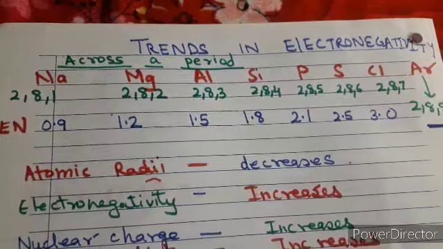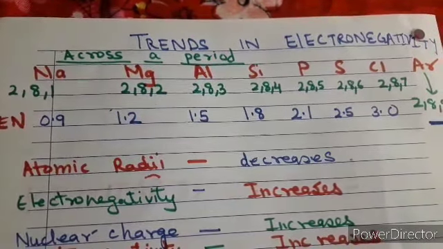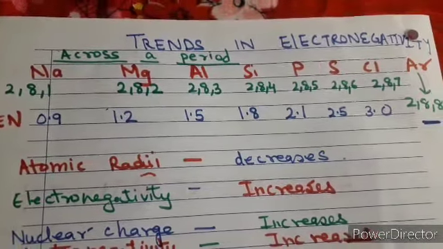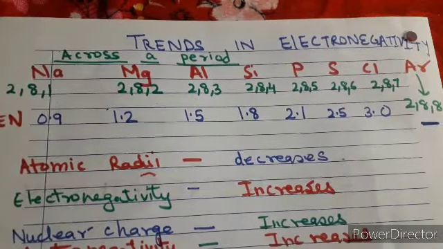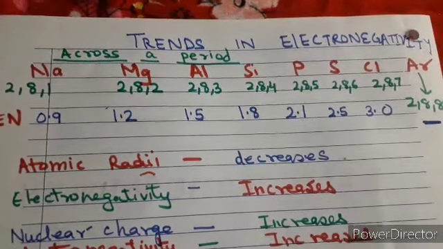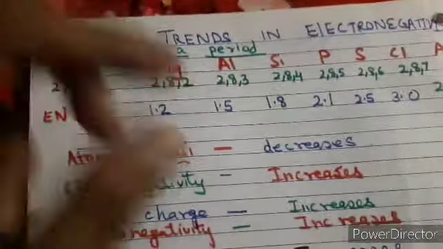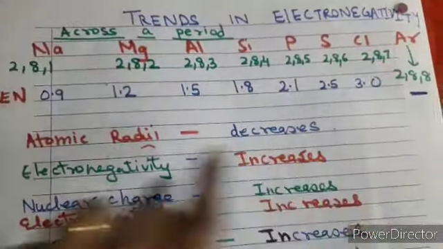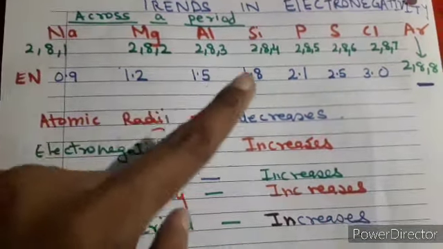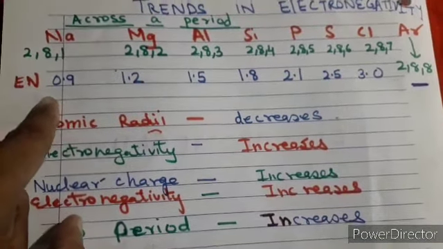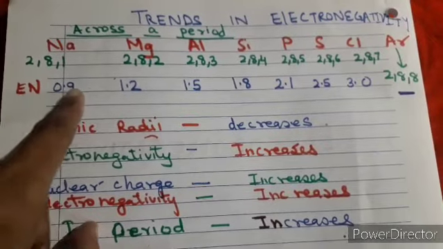Now let's focus on the trends in electronegativity across a period. In easy language, we can see how electronegativity varies when you move from left to right in a period. I have written the electronic configurations with the green pen. These are the calculated values of electronegativities.